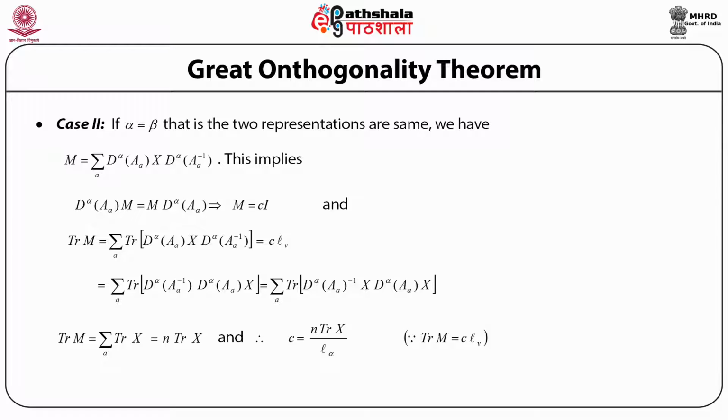So the trace of M is C times the dimension of the unit matrix, which is equal to L alpha.